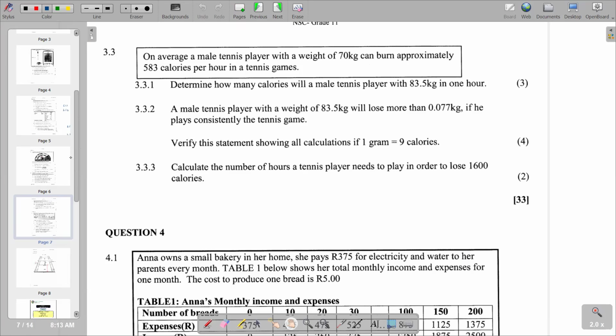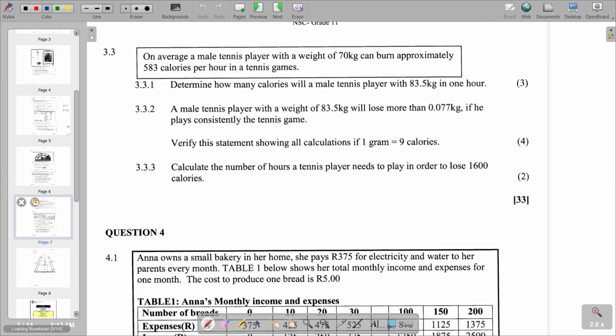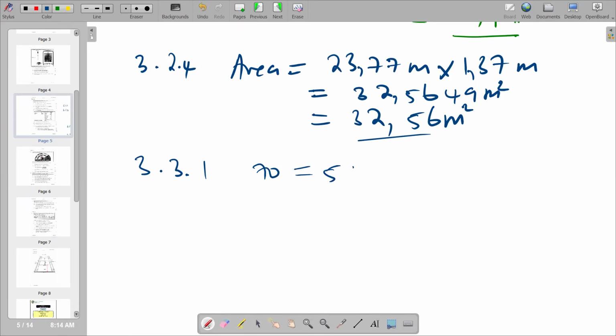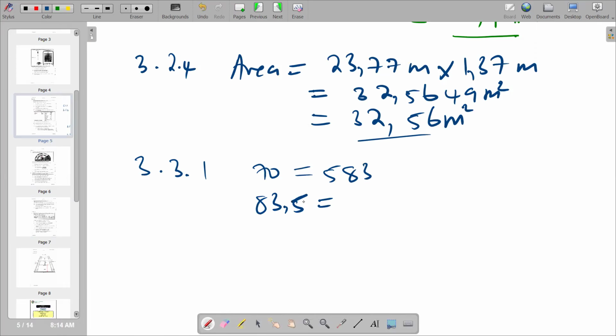So we are saying 3.1, whereby you're saying 70 kg is equal to 583, and the one that we are looking for is equal to question mark.